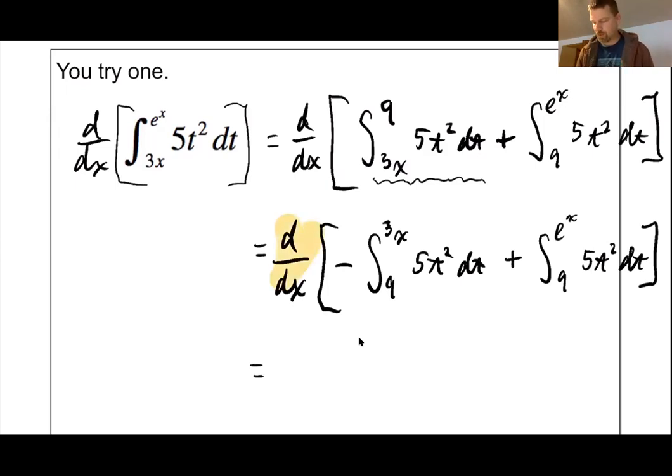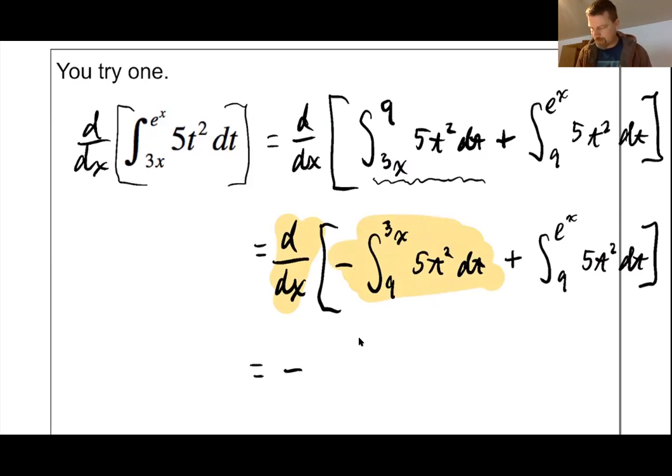How do we find the derivative of this integral? Well, since taking the derivative and taking integrals are opposites, there's a negative sign, so it's still got the negative sign.